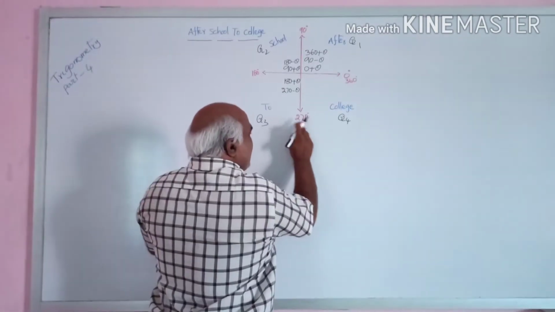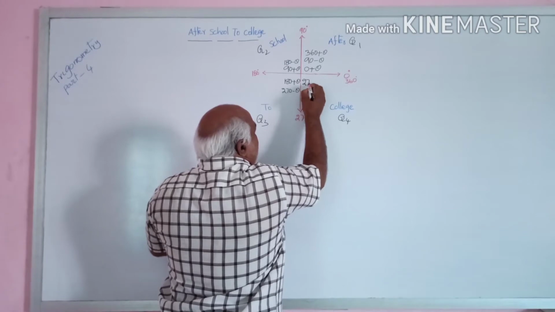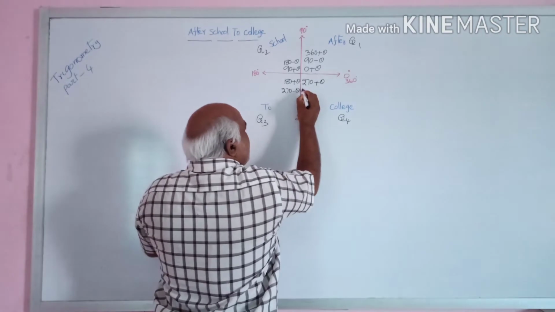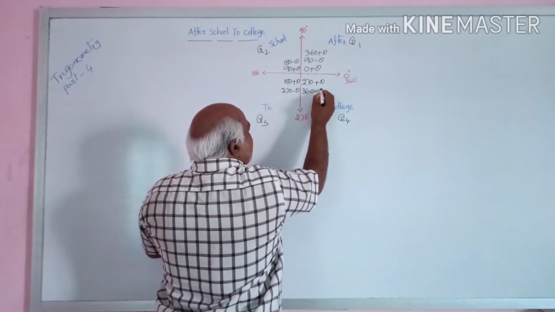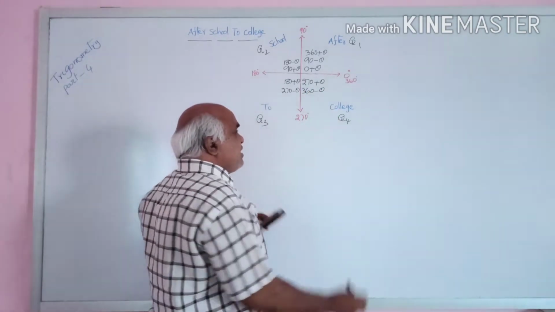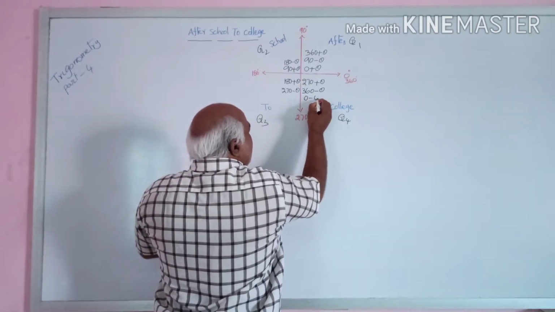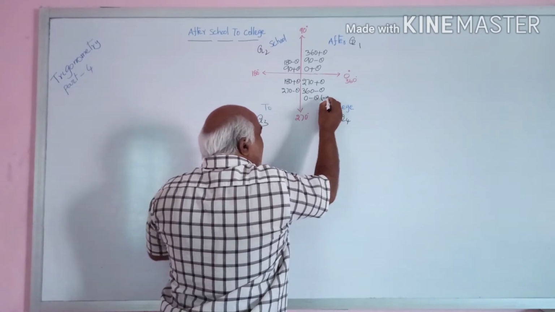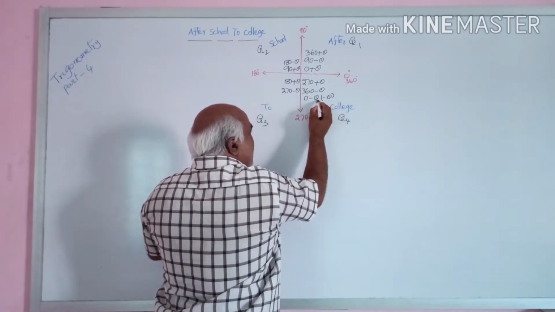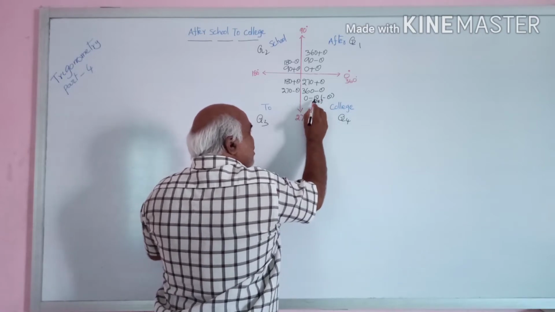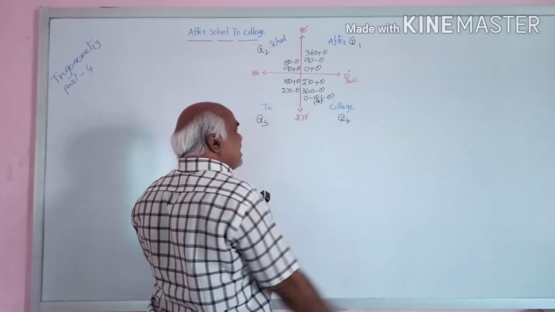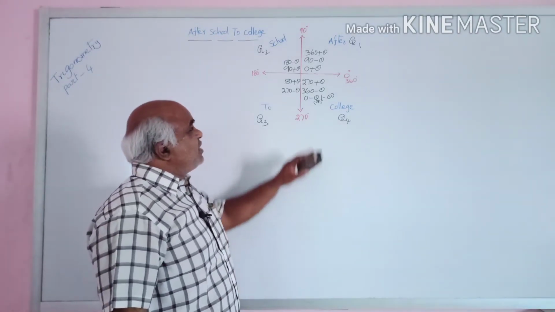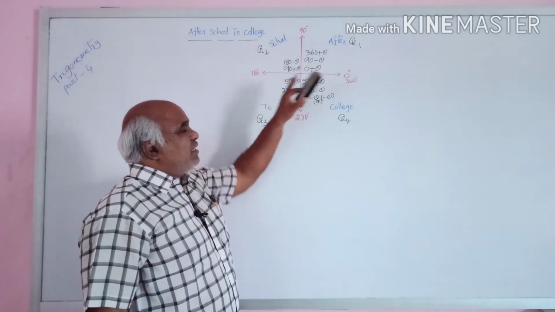Next, similarly, 270 plus theta is fourth quadrant. 360 minus something is in the fourth quadrant. 0 minus theta is in the fourth quadrant. Sometimes we simply say minus theta. You can remember both are the same. 0 minus theta, or simply minus theta, is in the fourth quadrant. These are the angles related to the different quadrants.